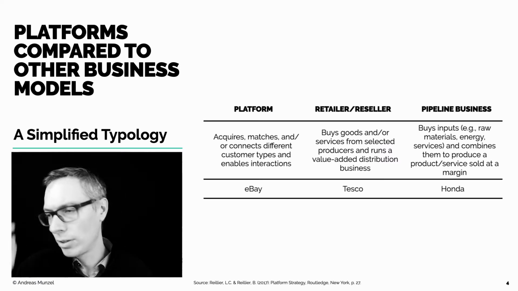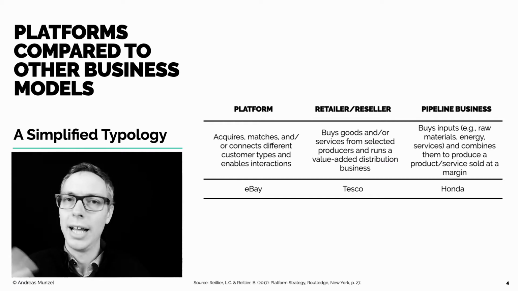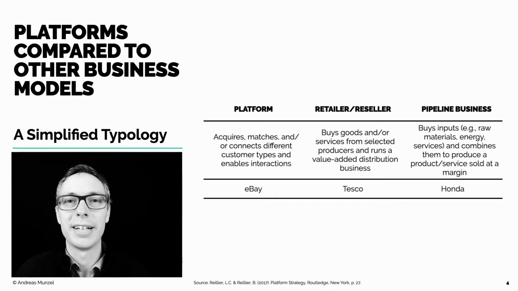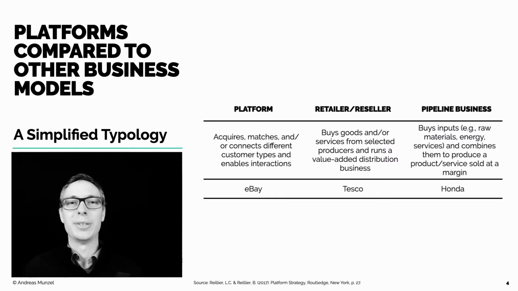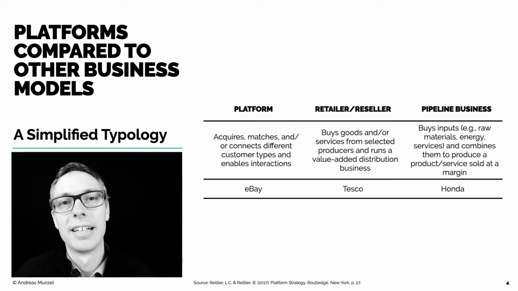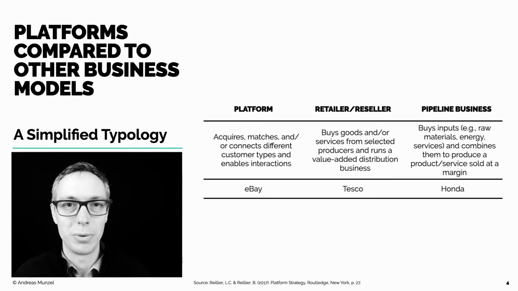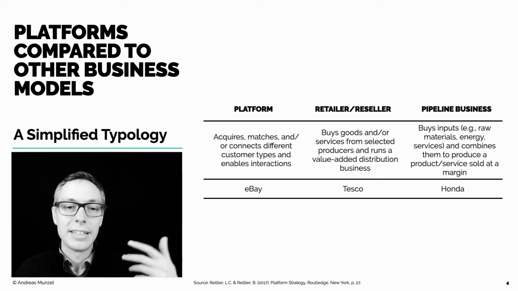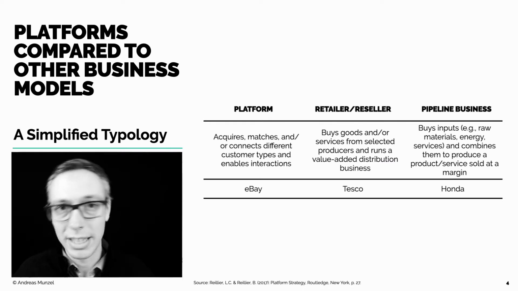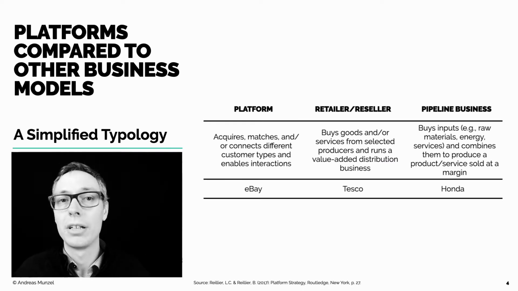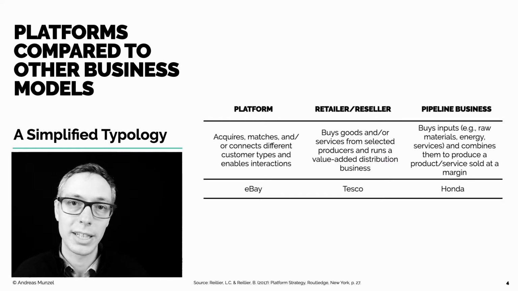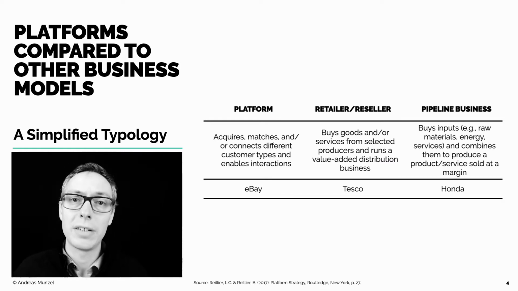But let's take the automotive industry, for example, Honda, taking raw materials, different parts of a car, and then puts them together and sells that with a margin to the final customer. As a retailer or reseller, I put Tesco here on the slide. You can take Carrefour or all the other distributors or retailers that you know of. Typical example here. And then we have a platform.